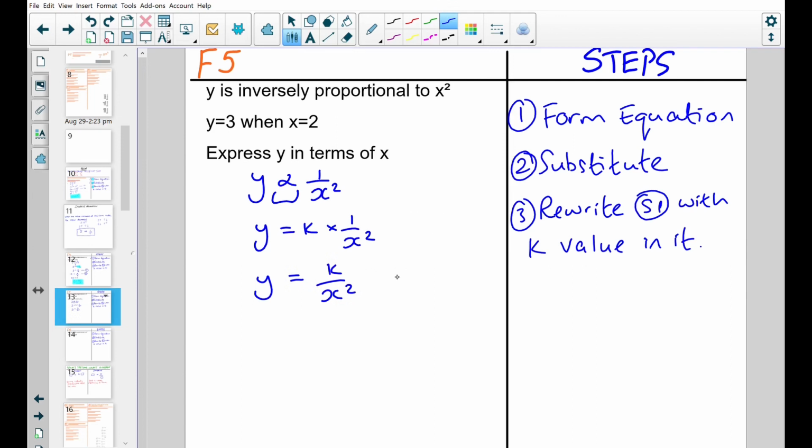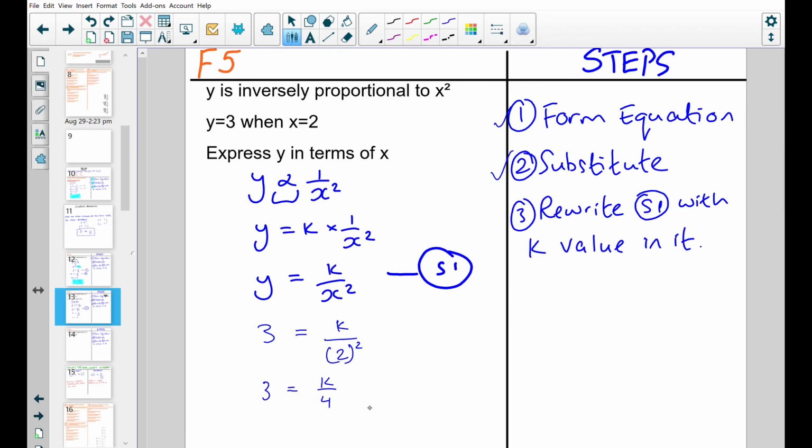That is step 1. Step 2, substitute. Y is 3. K we need to try and find, over x is 2, the power of 2. So 3 equal k over 4.